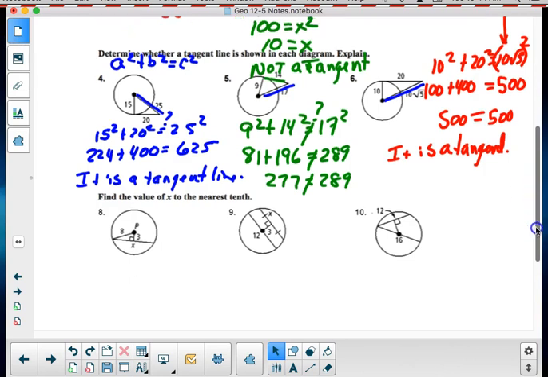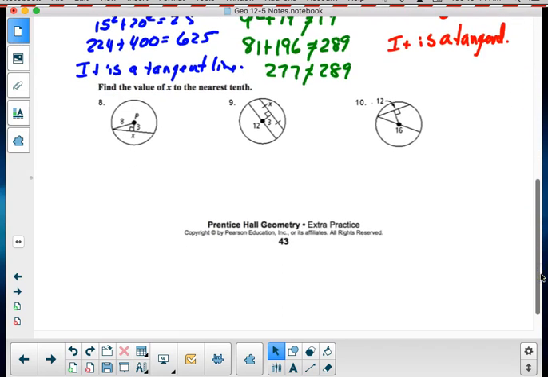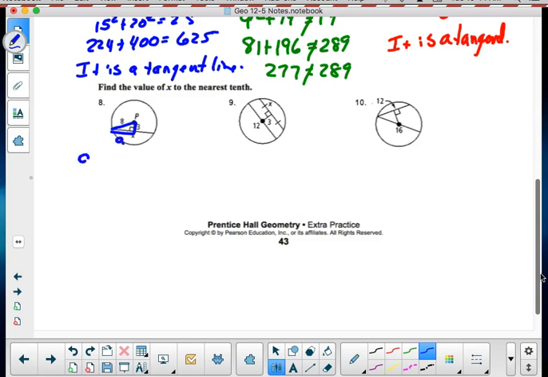Now on our next problem, problem 8, I'm looking at finding x, but I only have my tool of the Pythagorean Theorem, and I can only use half of x. So I'm going to call that a. A squared plus b squared is equal to c squared, where a is my unknown I'm looking for. 3 squared is equal to 8 squared. That's 64. This is 9.